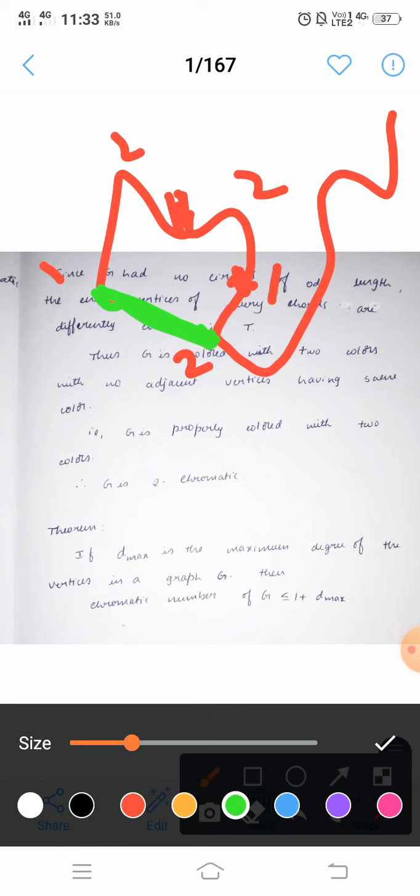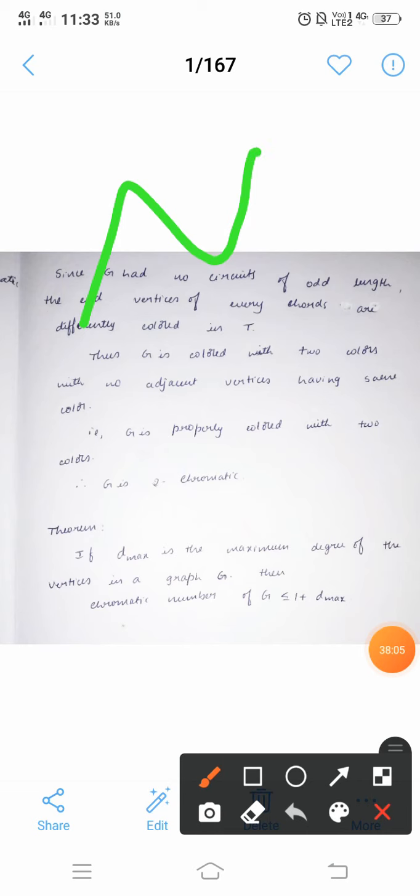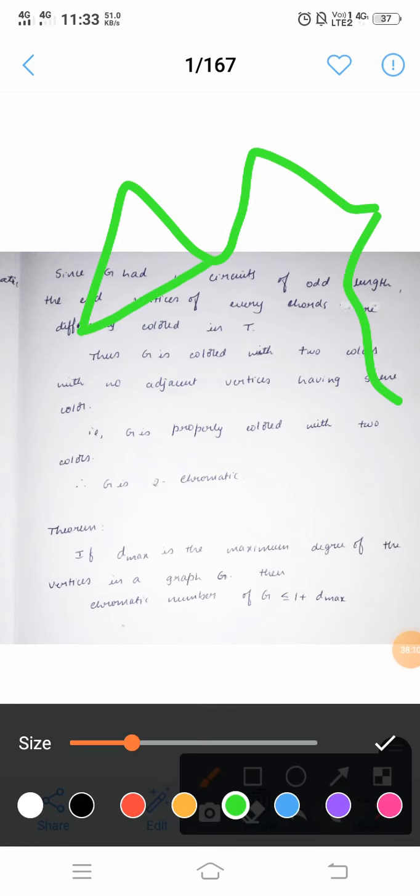Suppose it is an odd length circuit, what happens? So this is a spanning tree. Suppose I add this chord, what happens? 1, 2, 1. The adjacent vertices will get the same color.